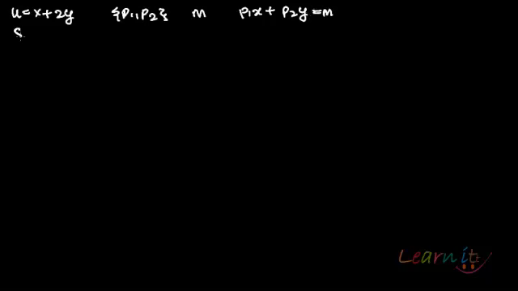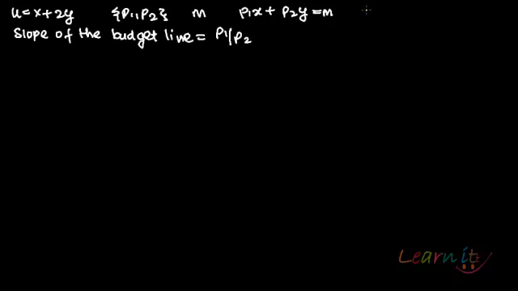Okay. So what is the slope of the budget line? What is the slope of the budget line? That is P1 by P2. So how exactly am I getting that?